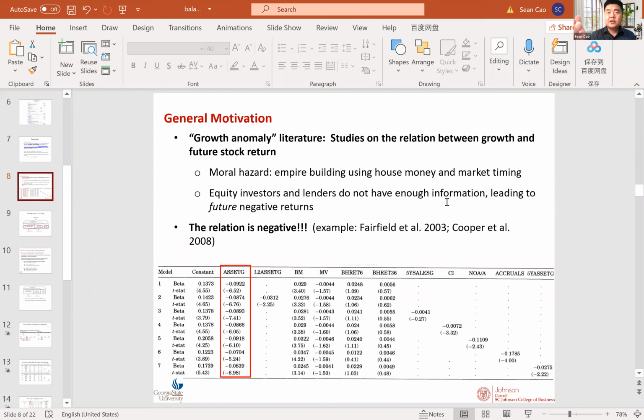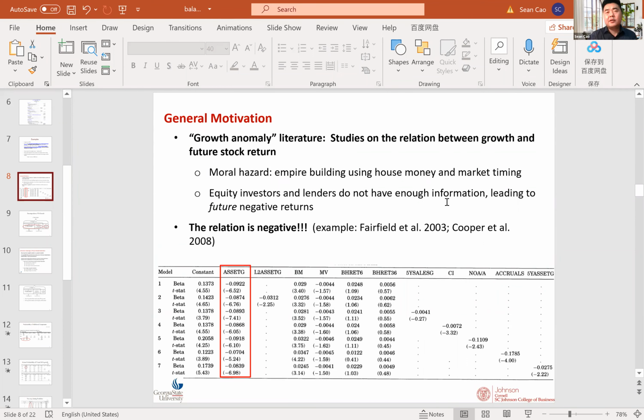It's like your friend is doing your homework. Basically, the grade is yours. He or she is doing the homework, but the grade belongs to you. So you have more incentive for a higher grade, but actually you're not the person doing the homework. So this is a typical agency problem.